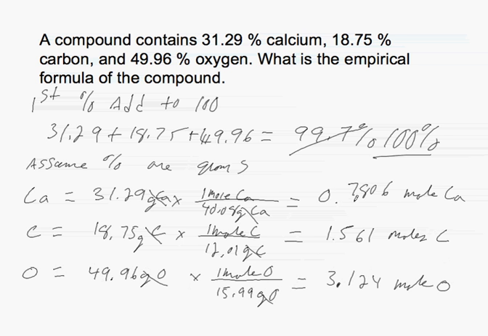Now that we know the number of moles of each atom, we can then find the whole number ratio that exists between those. The way that we do that is we say calcium is equal to, the subscript for that would be 0.7806.